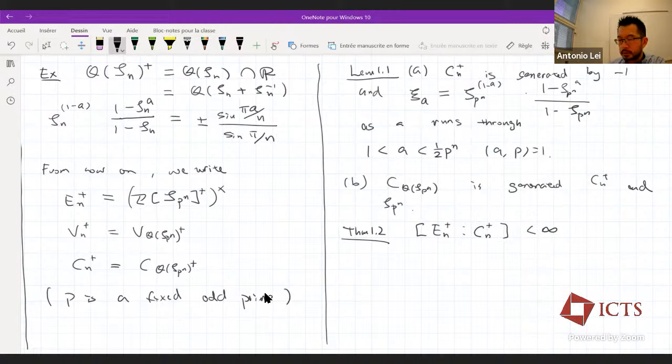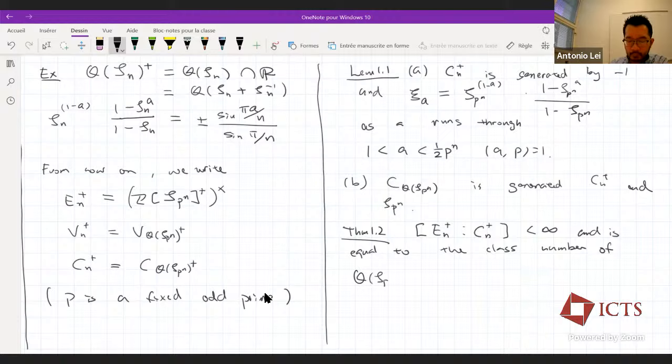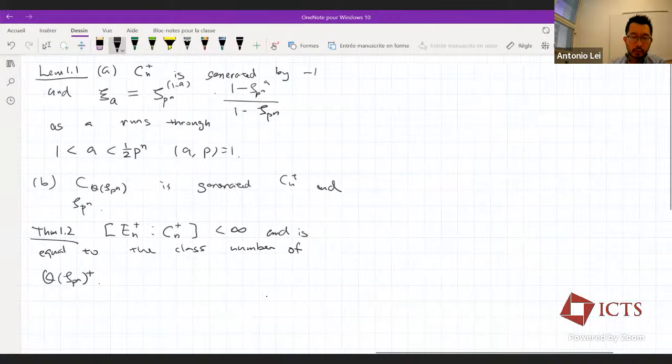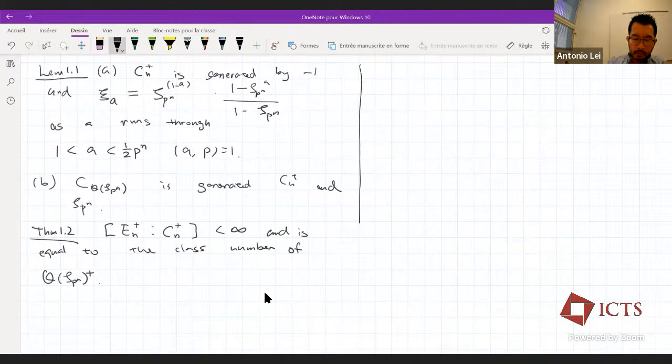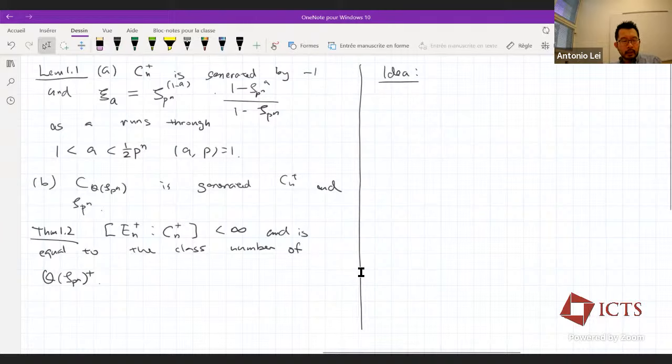So this is a finite subgroup, and the index is equal to the class number of my field. I'm not going to prove this, but I just want to give you a rough idea how to prove this theorem using this lemma.